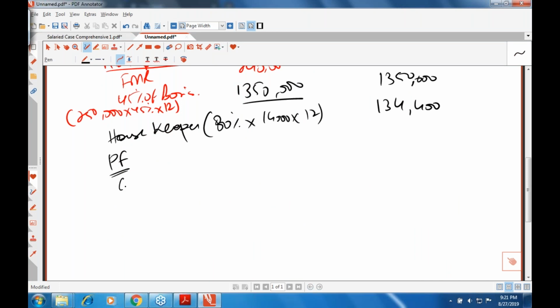So contribution by employer is going to be 250,000 into 10% into 12. This gives you 300,000.